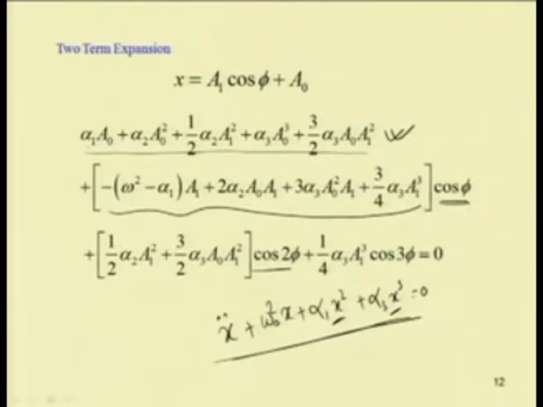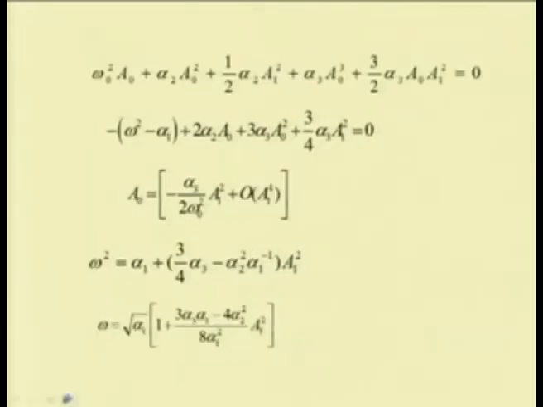So, by substituting, alpha 1 a 0 plus alpha 2 a 0 square plus half alpha 2 a 1 square plus alpha 3 a 0 cube plus 3 by 2 alpha 3 a 0 a 1 square equal to 0, and also this one. So, what can we get?